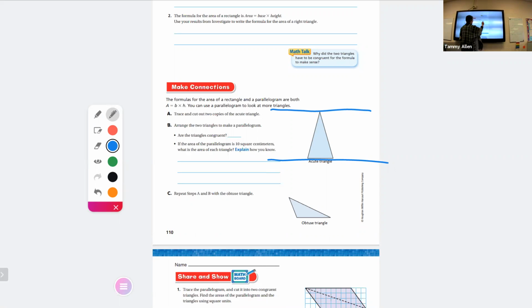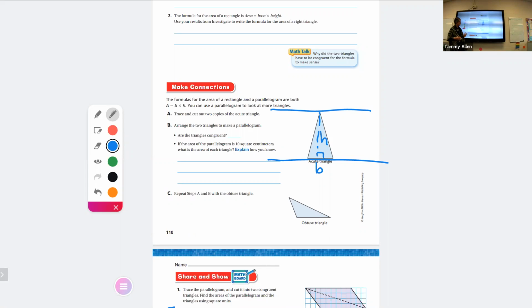So if I would go from here straight down to there, I would get a perpendicular height. Do we see that? Okay. And then the side at which it is perpendicular to would be the base. Are we clear on that?